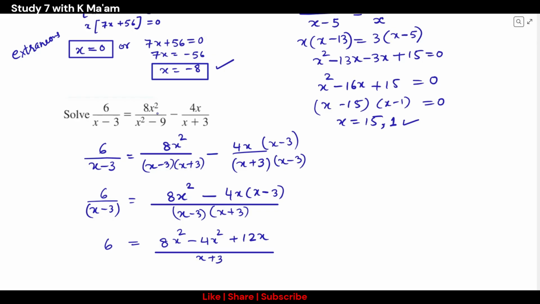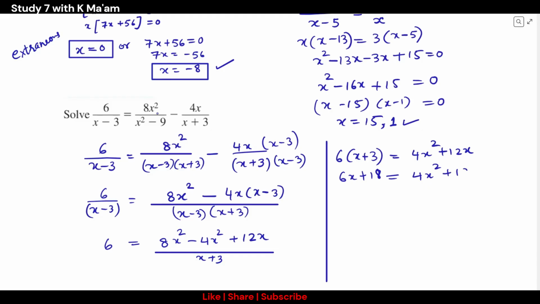Now multiply x plus 3 on the left side. If you multiply, it will be 6 times x plus 3 equals 4x cube plus 12x. 6x plus 18 equals 4x cube plus 12x.